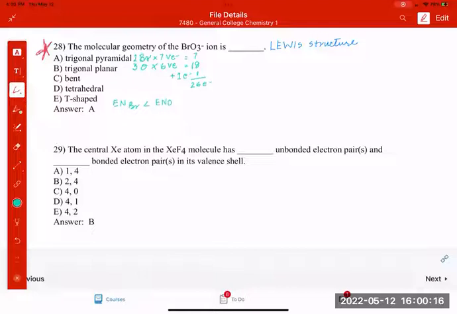Second, bromine can make 1, 3, 5, and 7 bonds, and oxygen can make only 2 bonds. Anytime bromine connects with oxygen, chlorine or iodine, these can make 3, 5, and 7 bonds.